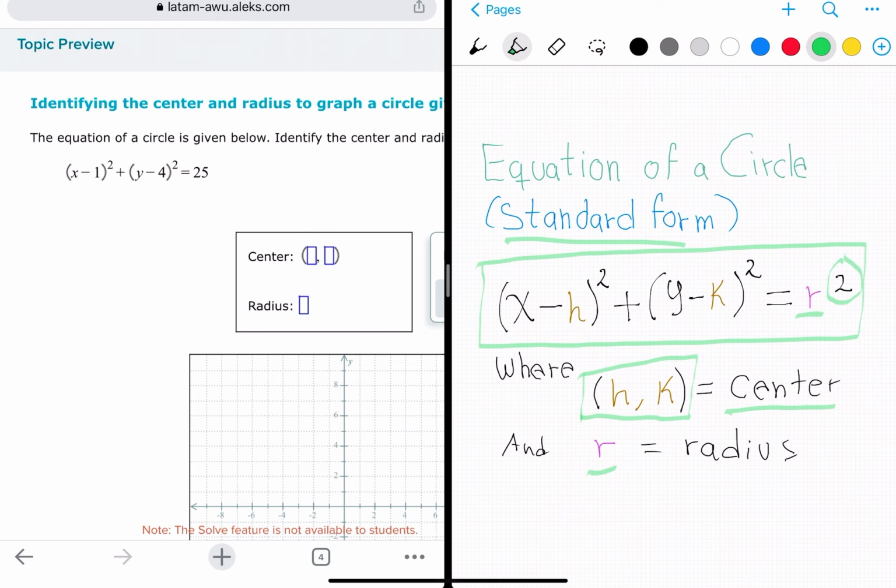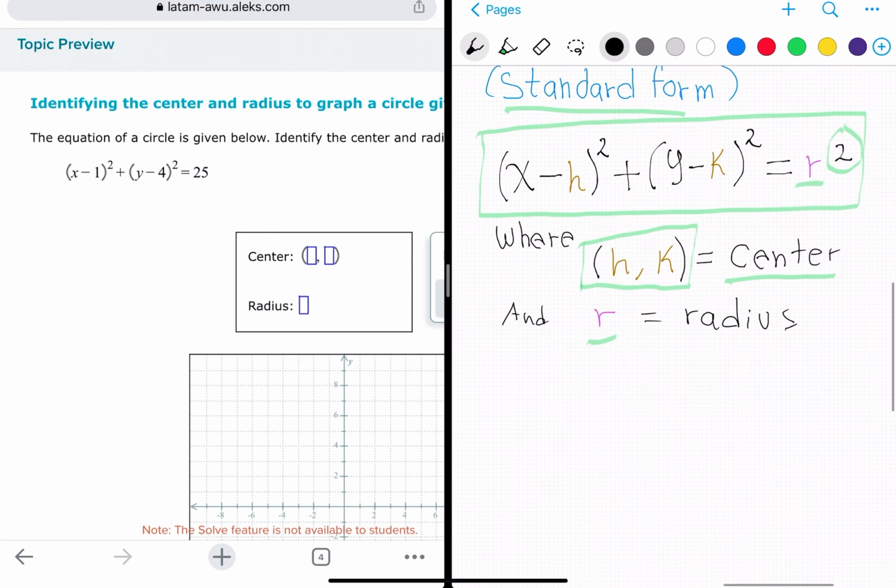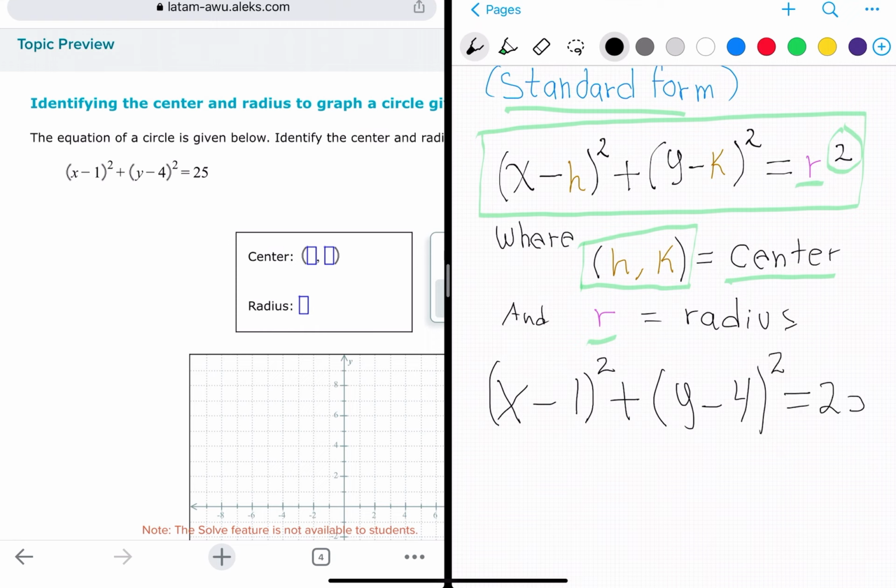And now for this problem, we have to think, do we have something similar to this? Yes, we do. We have (x minus 1) squared plus (y minus 4) squared equals 25.